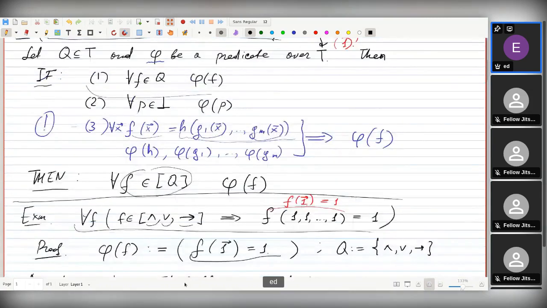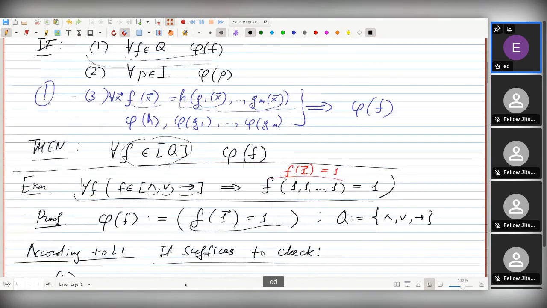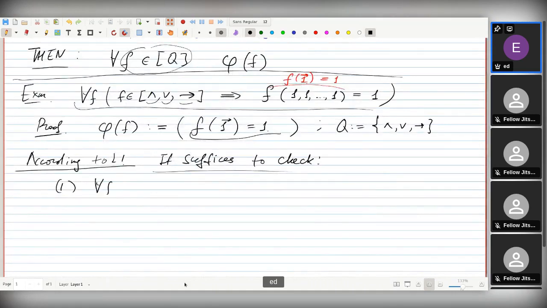Property 1. Every function from Q satisfies phi. That is, every function from our set here satisfies our phi. That is, f of all unities equals 1. Clearly, it is true. You know, 1 conjunction 1 is 1. 1 disjunction 1 is 1. 1 implication 1 is also 1. So that's okay.